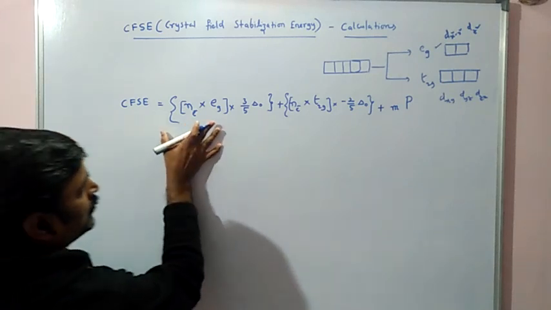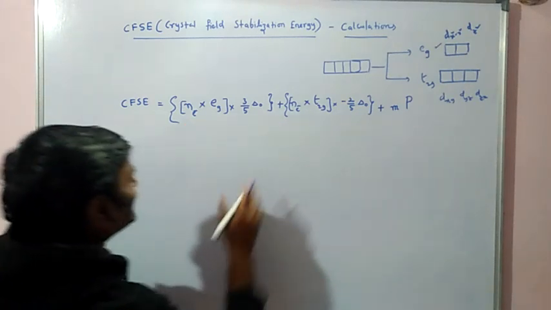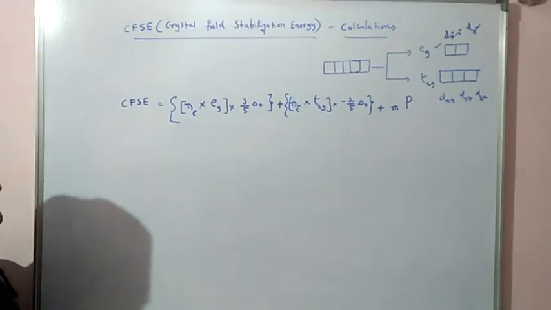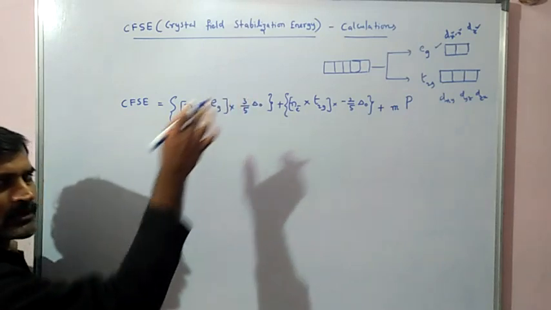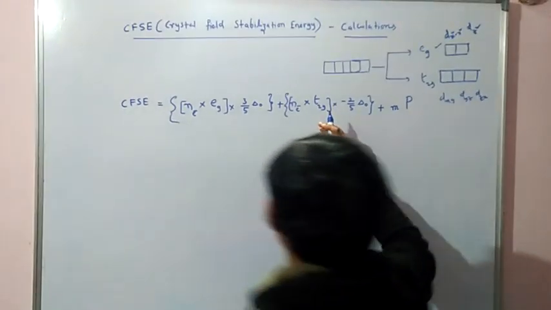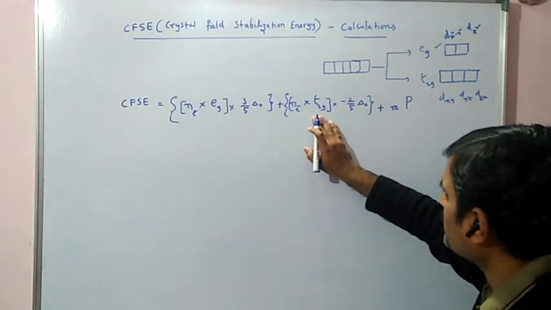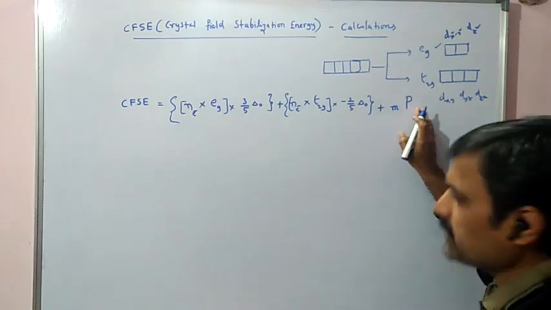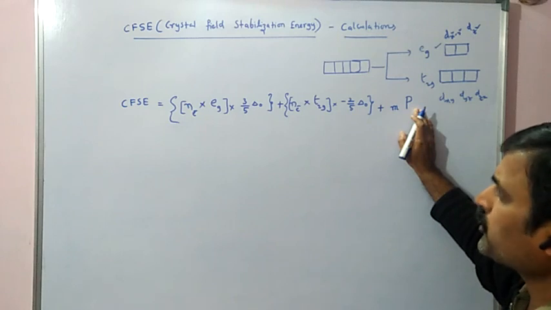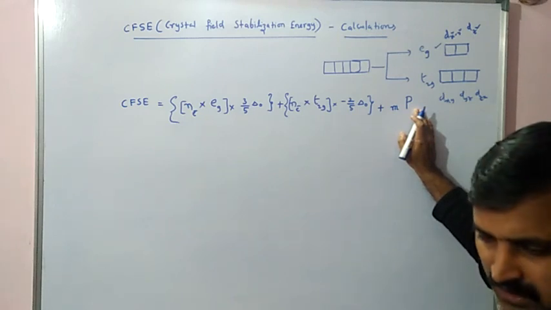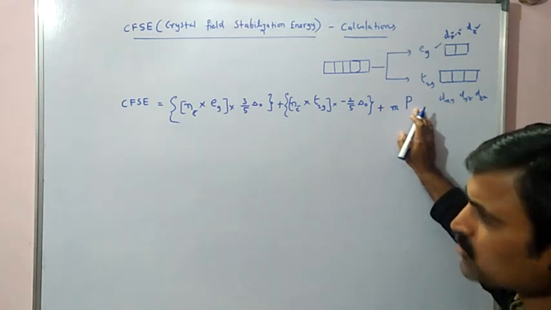So the exact point in this discussion is that we have to know the number of electrons in Eg orbitals and, at the same time, the number of electrons in T2g orbitals. Also, we must know how many pairs are there in the electronic configuration of low spin or high spin complex compounds.